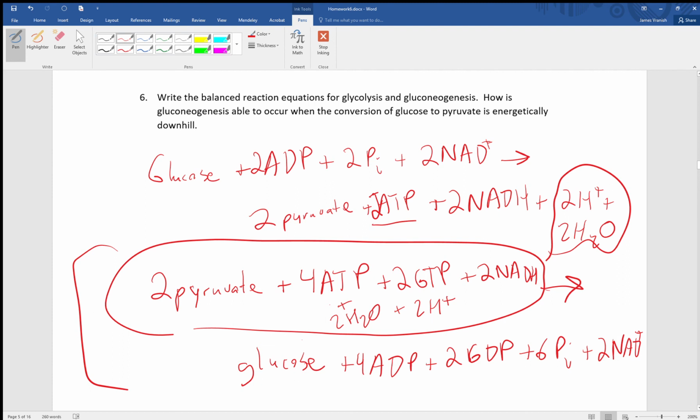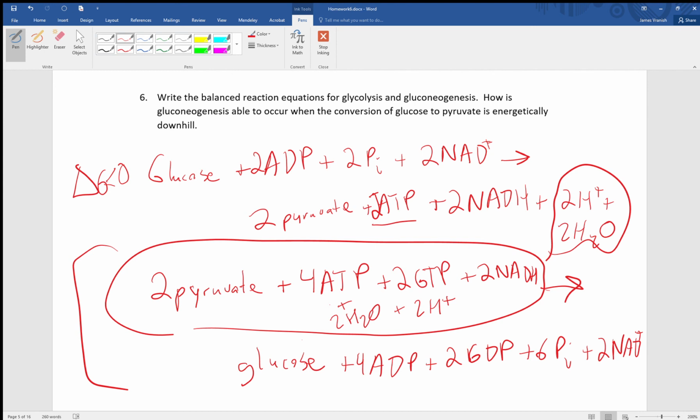Now, the follow-up part of this question: how is gluconeogenesis able to occur when the conversion of glucose to pyruvate is energetically downhill? This reaction up here has a delta G that is less than 0. Normally, if we just flipped the reaction around, the delta G sign would change, which would mean that gluconeogenesis would be thermodynamically uphill if we tried to do it in the same way.